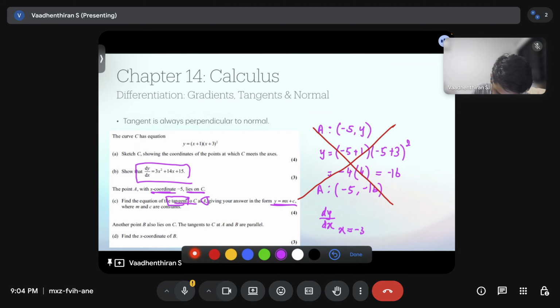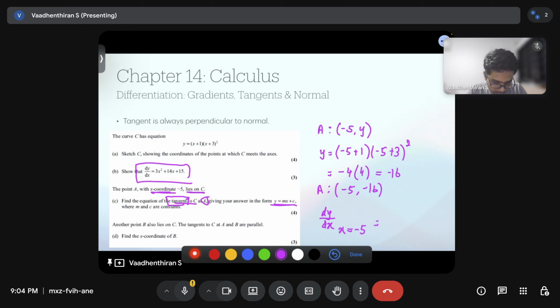We just straightforwardly substitute this -5 into dy over dx to find the gradient. Actually, sorry, we need to find the equation also, not only the gradient.